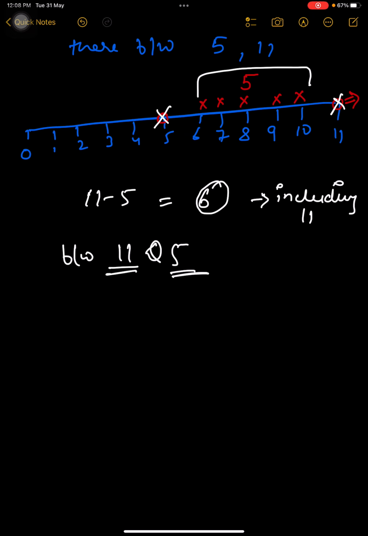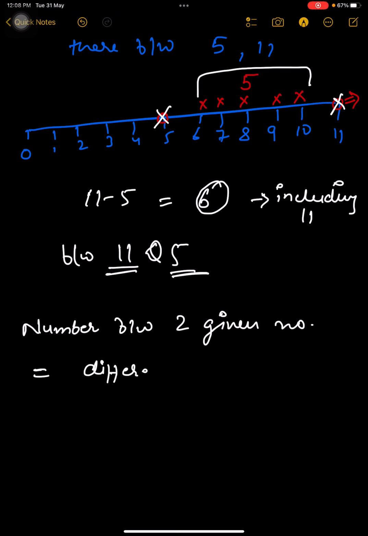So whenever you need to find the numbers between two given numbers, you simply have to subtract 1 from the difference. Take the difference of the two given numbers, first step.